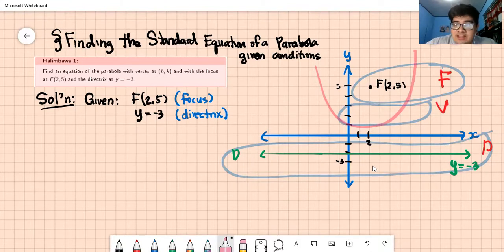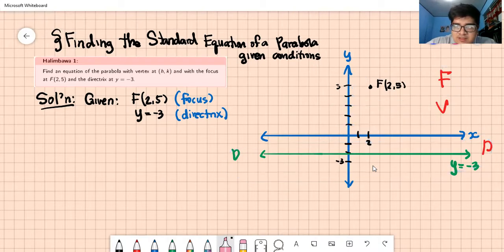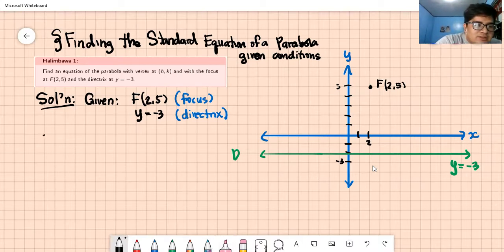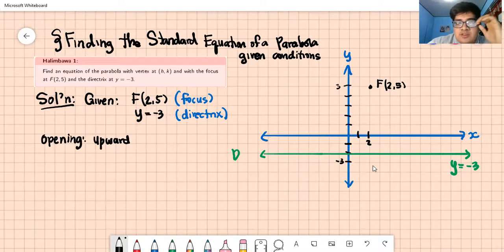So, ganun yan, analyzation yan, guys, ha? Tanggalin natin yung mga nakalagay na yan. Okay? Aha, yan. So, ibig sabihin, another given, nakuha natin, opening natin, is upward. Upward, di ba? Ngayon. Itong point na to, we need to determine.